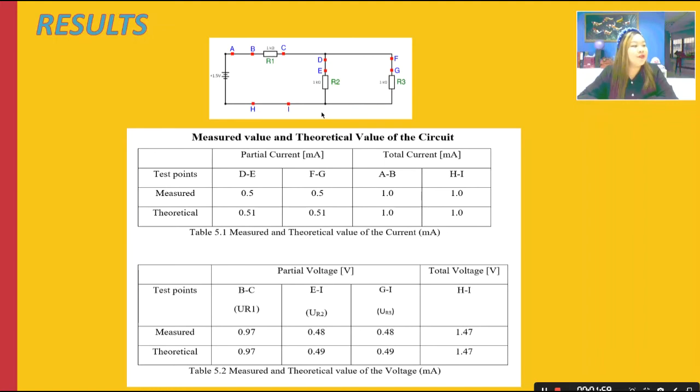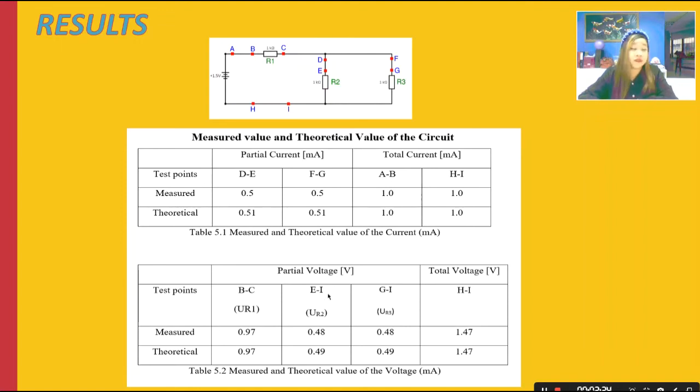Okay, so from the results, you can see that first of all, the theoretical values of the partial current at DE and FG is 0.51 milliampere, and the total current is 1 milliampere. Whereas the measured is 0.5 milliampere, and the total current is the same at 1 milliampere.